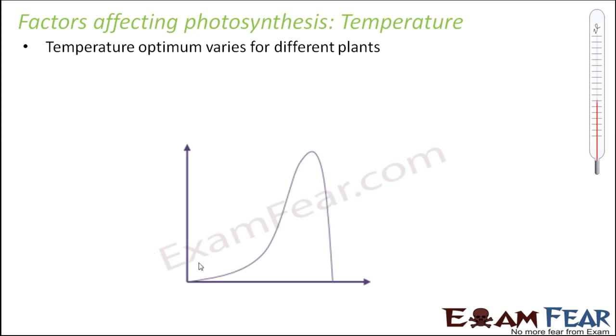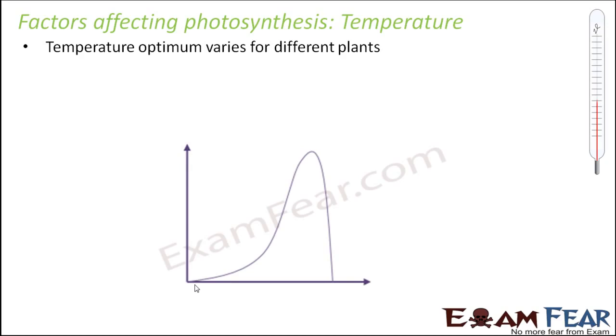Initially, when the light intensity is very low, the rate of photosynthesis increases with the increase in light intensity. That is what we saw in the previous slide. That is true only when the temperature is moderate, neither very high nor very low. So during the low intensity time, if the temperature is moderate, then there will be no change in the rate of photosynthesis because of temperature.